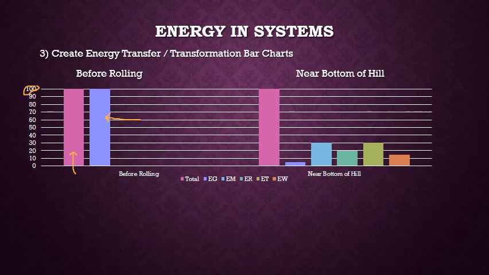Now let's move over here to my near bottom of the hill bar chart. I gave it a little tiny bit of gravitational energy again because it was near the bottom of the hill. It hasn't quite reached the bottom, so we still have a little bit of gravitational energy.